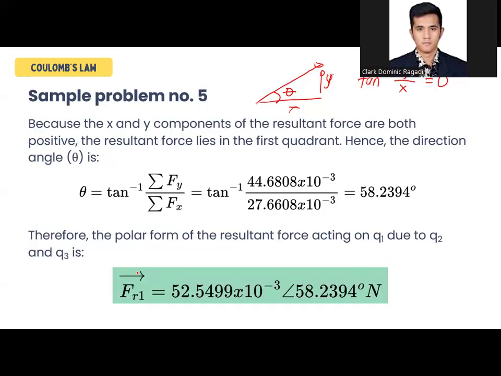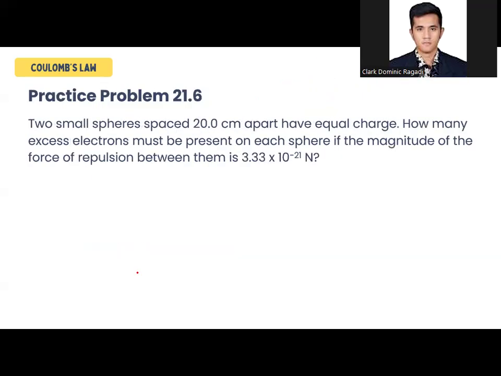Let's now proceed to calculating our practice problem. We have here practice problem number 21.6. We are given two small spheres spaced 20 centimeters apart that have equal charge.